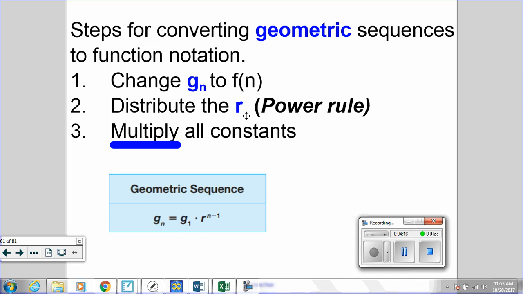Now, it's not really distribution, it's the power rule with your exponents, but it looks like distribution. So this r, we're going to separate using the power rule and then multiply all the constants. Let's take a look at an example.